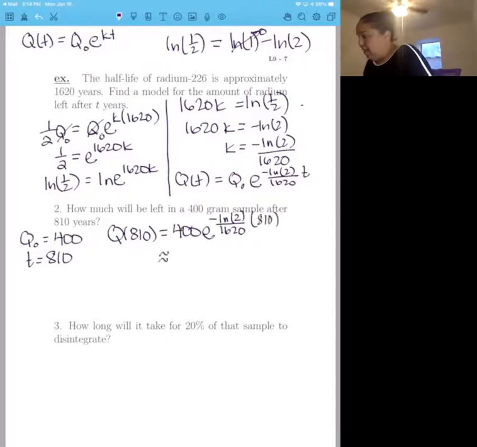That is going to give me approximately 400 e to the negative natural log of 2 divided by 1,620 times 810, which is about 282 grams.